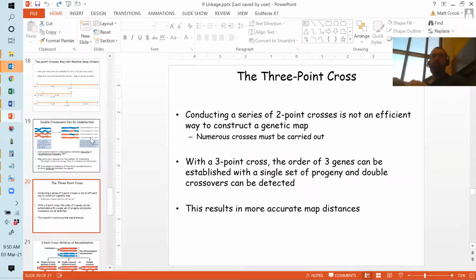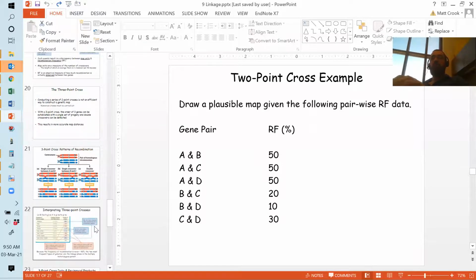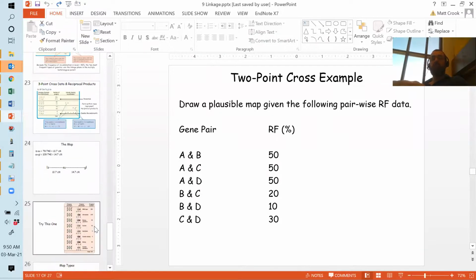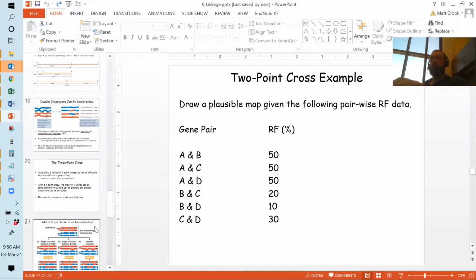So what we'll do at the beginning of next class is look at this 2-point cross example, which actually uses 4 different genes or letters. Once we've done that, we'll start on 3-point crosses, of which we have multiple examples here, and I'll give you some examples.